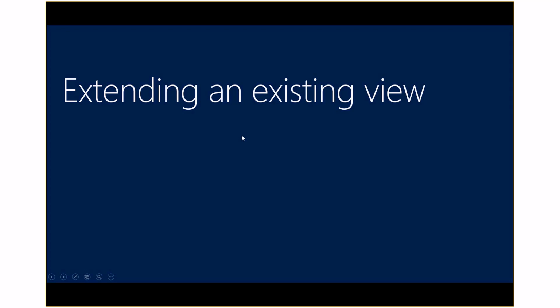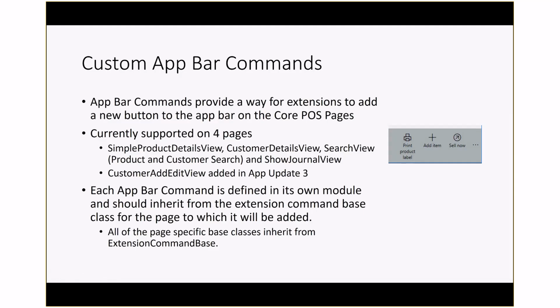All right, so starting with custom app bar commands. App bar commands provide a way for extensions to add a new button to the app bar on various POS pages. This is supported currently on 4 pages, those being simple product details view, customer details view, search view, which supports both the product search app bar and the customer search app bar.